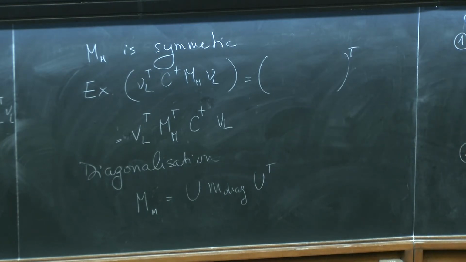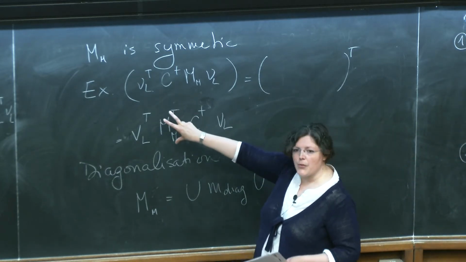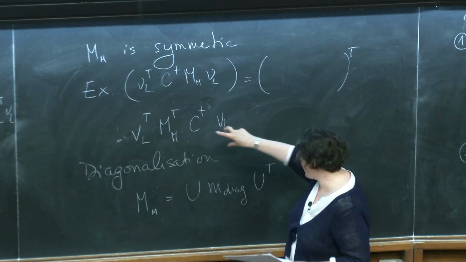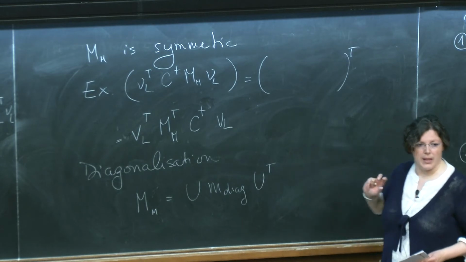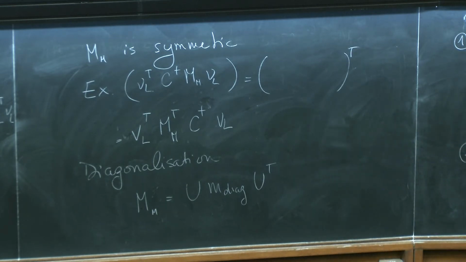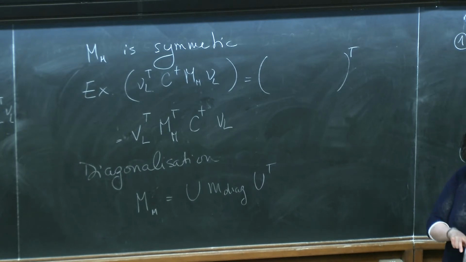So the idea, which we will deal with this afternoon, is that I try to come up with a nice form for this matrix, and I will end up explaining at least this part of the PMNS matrix. As I will tell you later, there is also a component which comes in from the charged lepton sector. So really what you see in the charged current interactions is the product of the diagonalization in the neutrino sector and in the charged lepton sector. We will come to that later on.